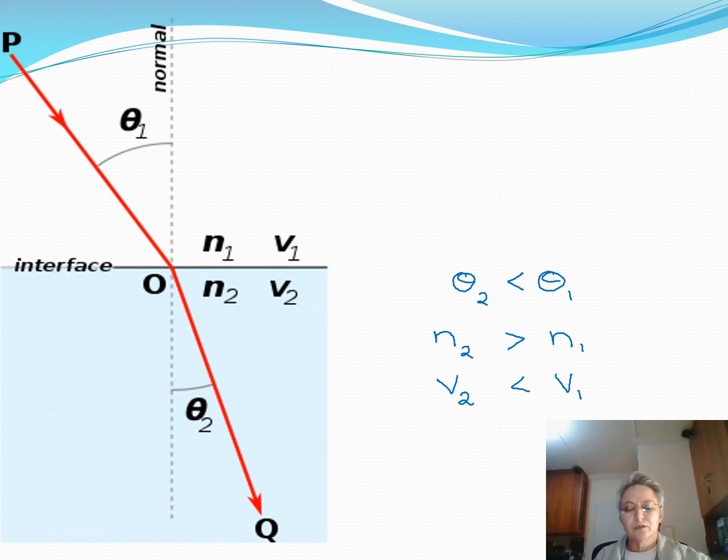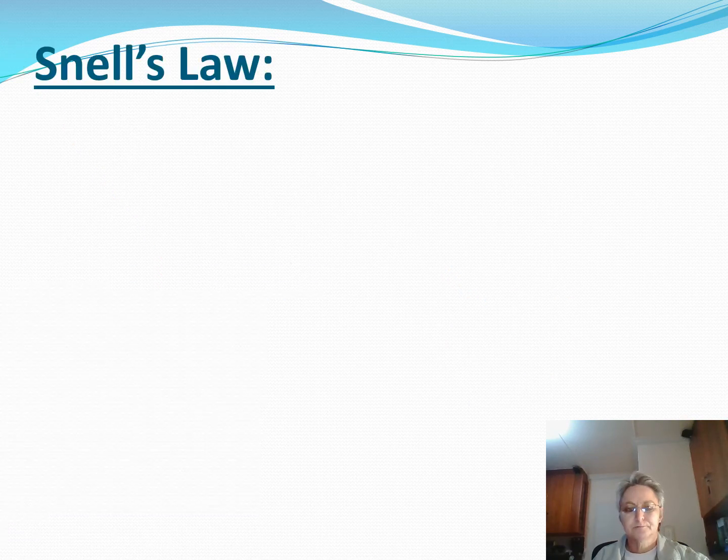From here we're going to discuss Snell's law, which brings a mathematical relationship between the angle of incidence and angle of refraction and the speed of the waves in the medium. So Snell's law, like refractive index, is a ratio between two speeds.